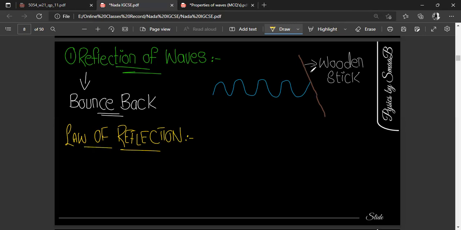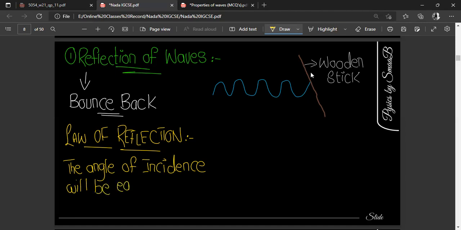In law of reflection, the angle of incidence will be equal to the angle of reflection, because we are discussing about the reflection.